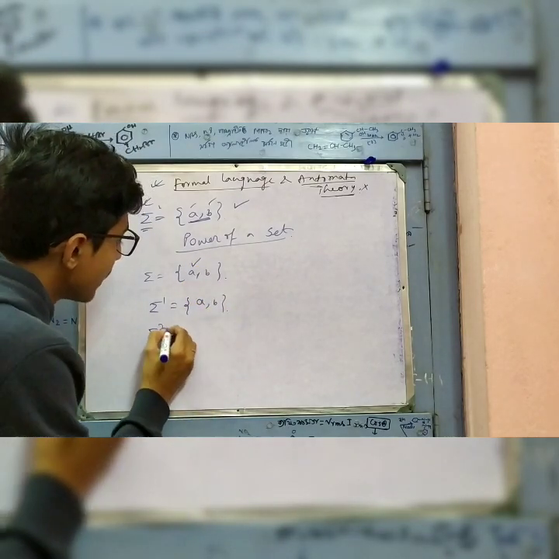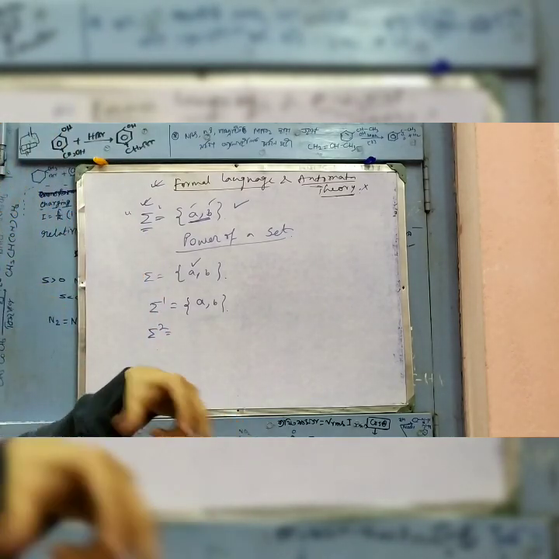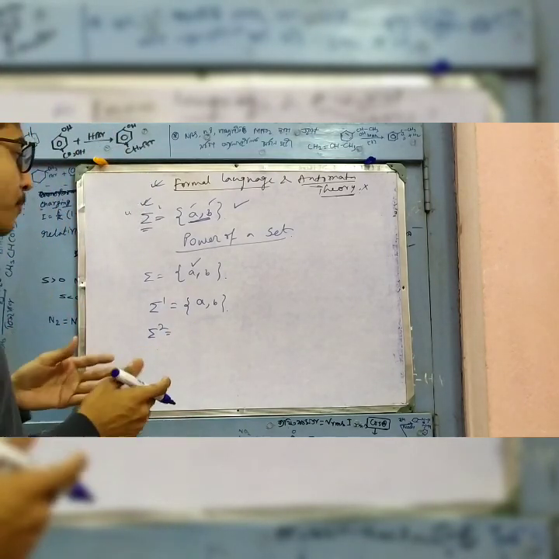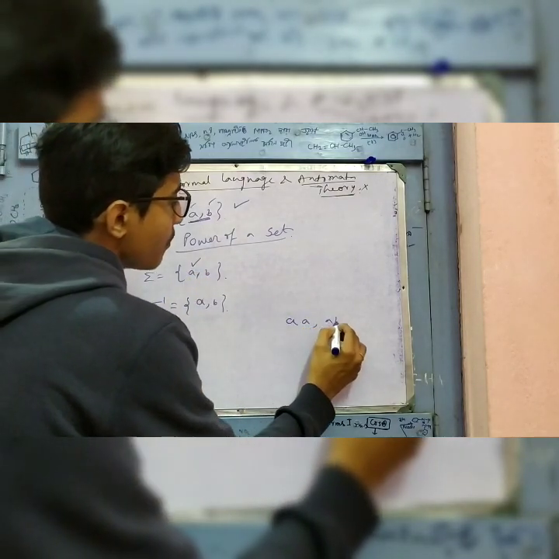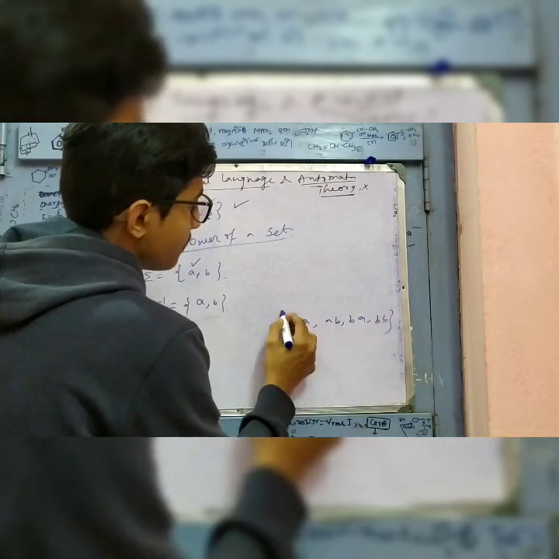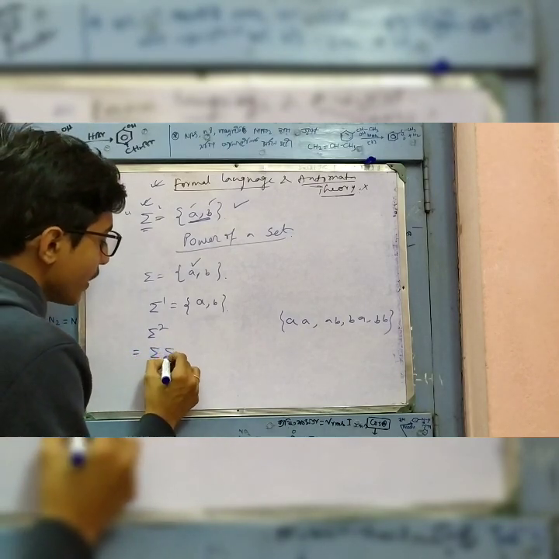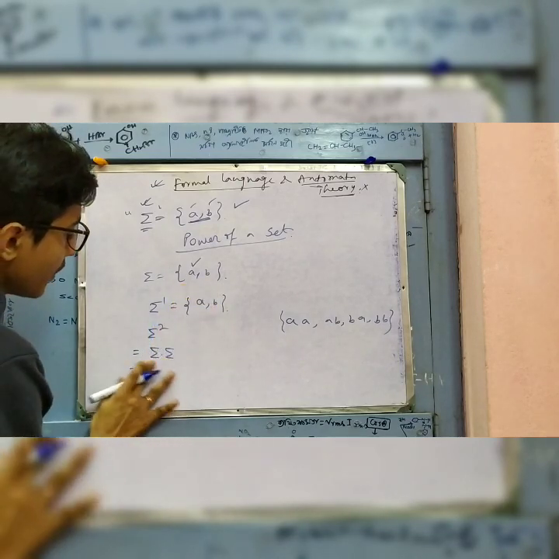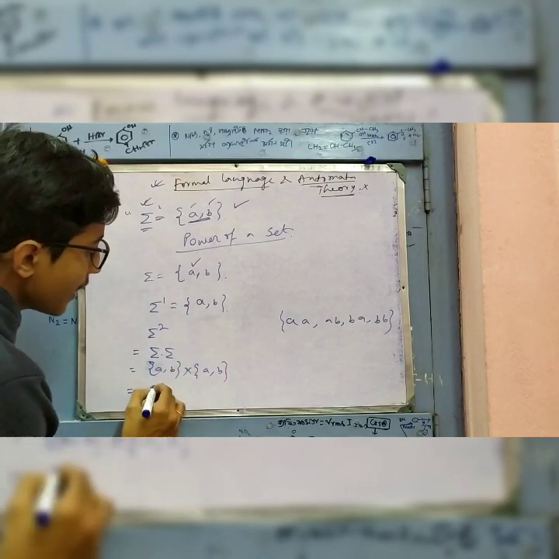For sigma 2, the string length is 2. Look very carefully, there are two ways of determining this. One is guessing. By guessing that the string length is 2, AA, AB, BA, BB will come. Another way, which computer science engineers generally use, is sigma into sigma, that is {A, B} into {A, B}.